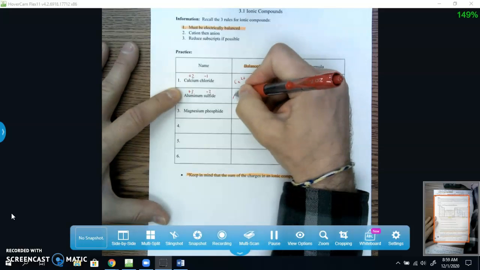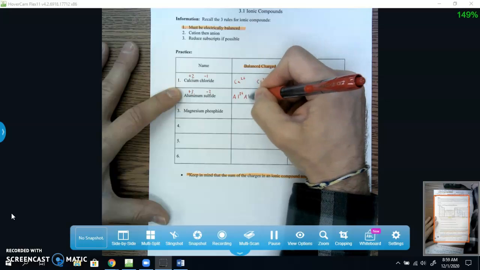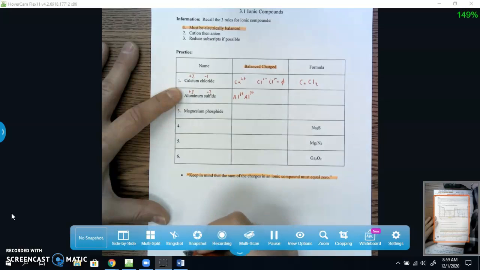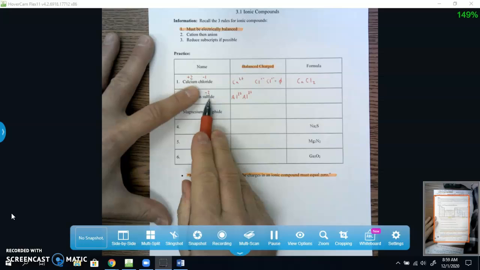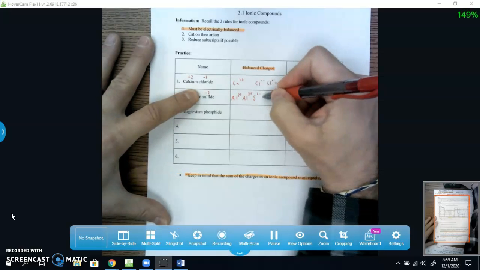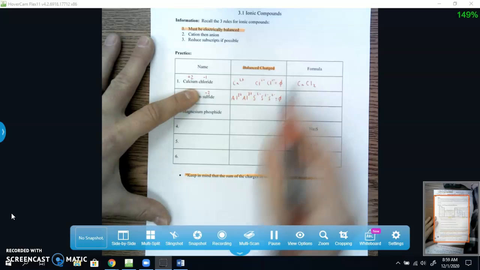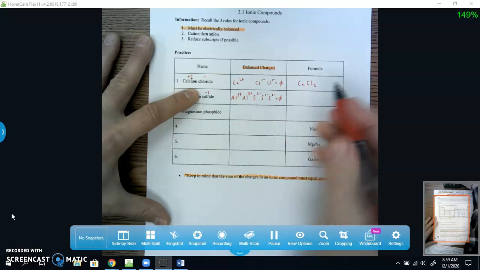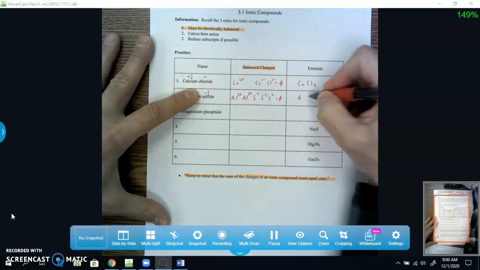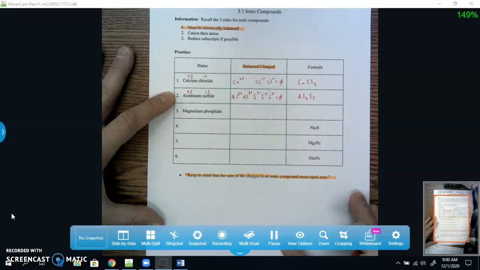So that means that I'm going to need 2 aluminum ions to equal +6, and we're going to need 3 sulfide ions to equal -6. And that's now a true mathematical statement. So the ratio is 2 aluminums to 3 sulfides. So that's the correct formula for aluminum sulfide.